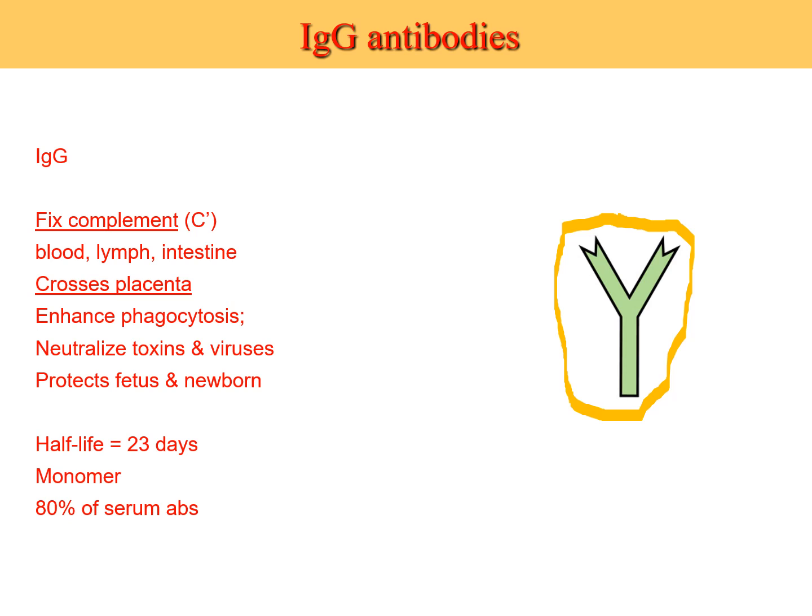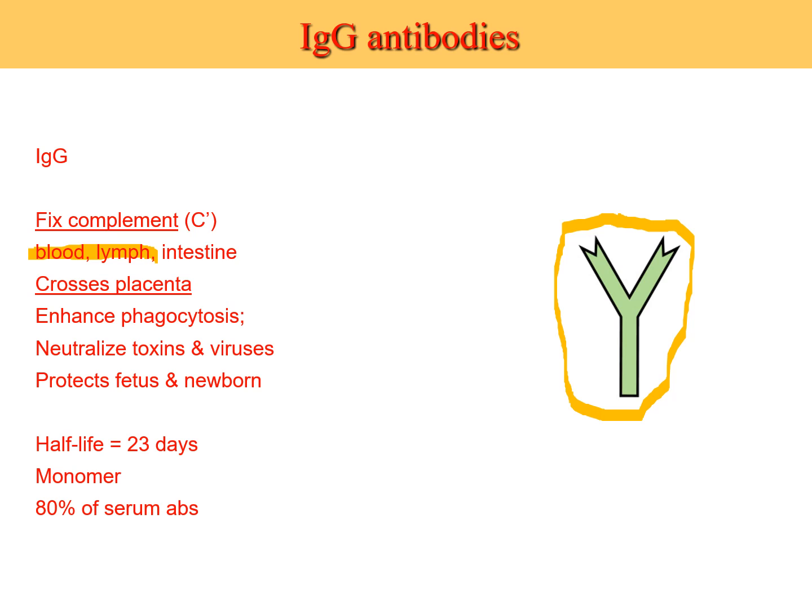IgG class antibodies are found in the blood, in the lymph, and in general throughout the body. Another important feature is that IgG class molecules can cross the placenta.